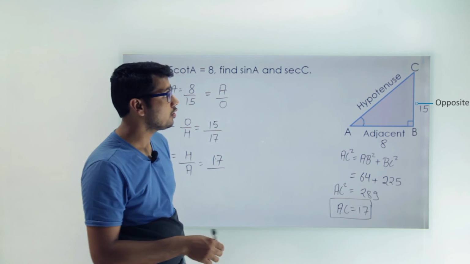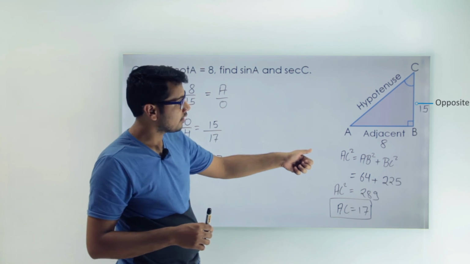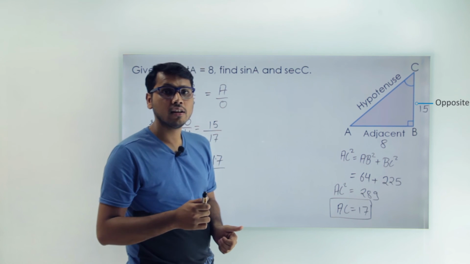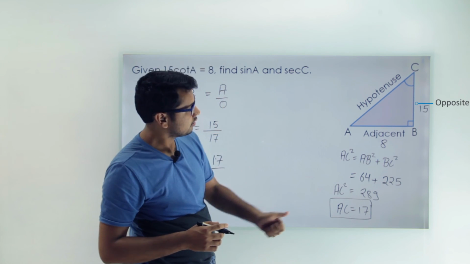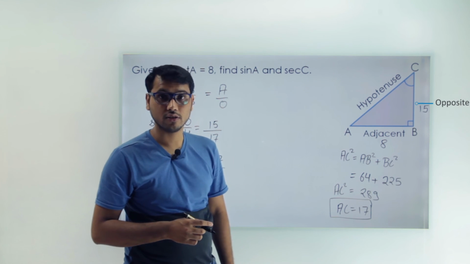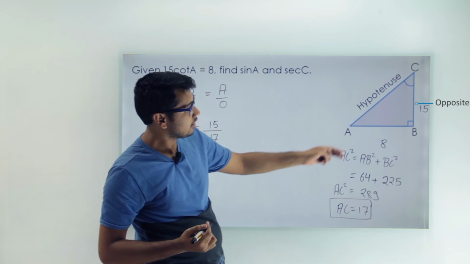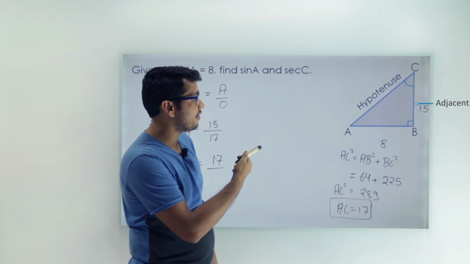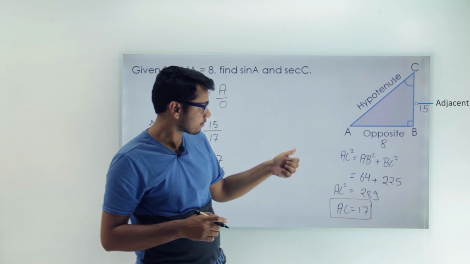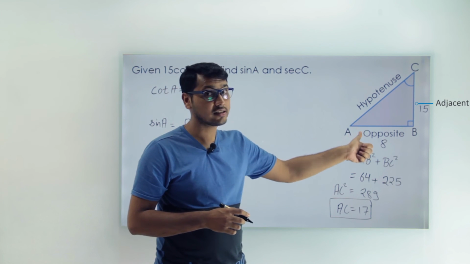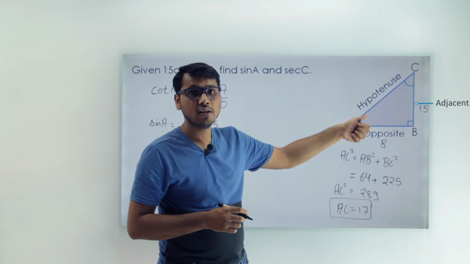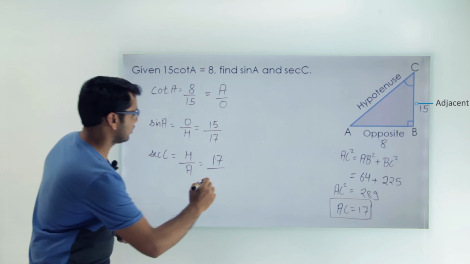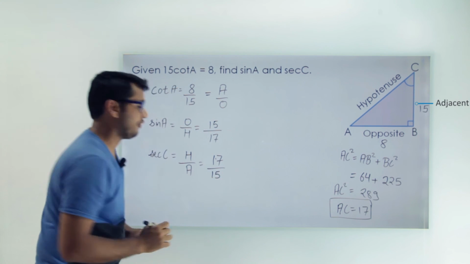No. Now we are talking about angle C, so angle A will go, and we have to find the adjacent. Adjacent is the side which is near to the angle. Is AB near to angle C? No, not at all. We have BC near to angle C. So BC will be adjacent and AB will be our opposite. AB has changed from adjacent to opposite, and BC has changed from opposite to adjacent. So the value of adjacent will be 15, and sec C is 17 by 15.